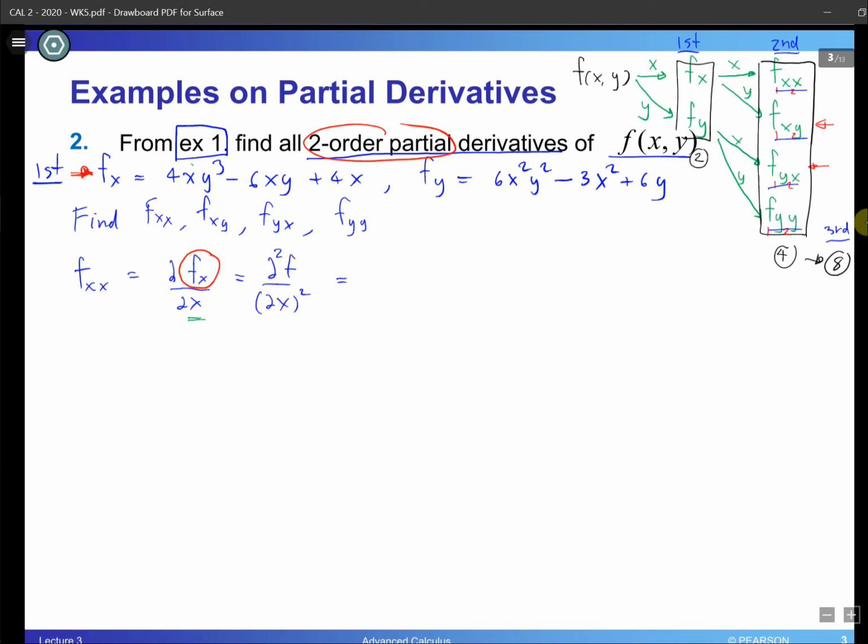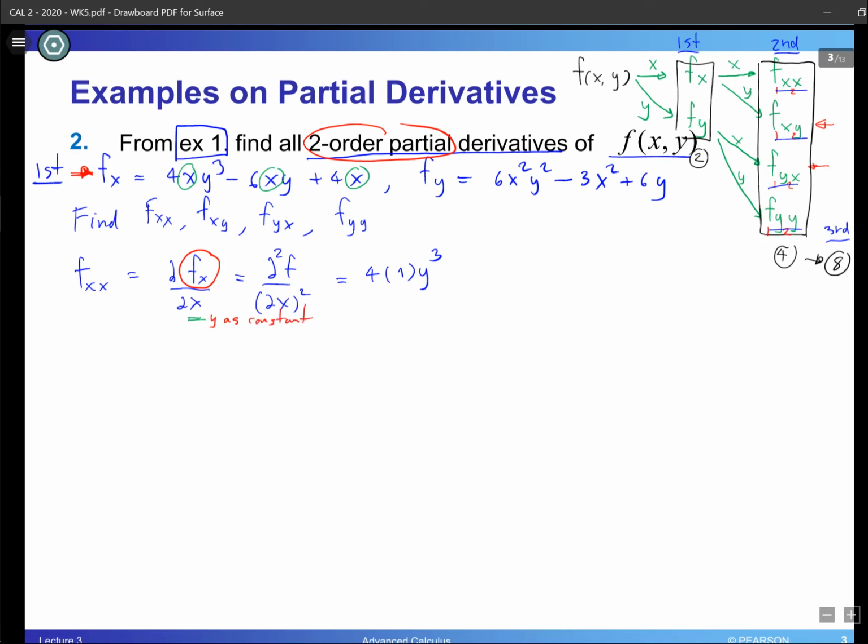So x is right here, and right here. So let me diff this. Diff the first term, we have this 4, x becomes 1, and y cubed stays the same, because for this one, we treat y as a constant. So make a note right here that we treat y as a constant.